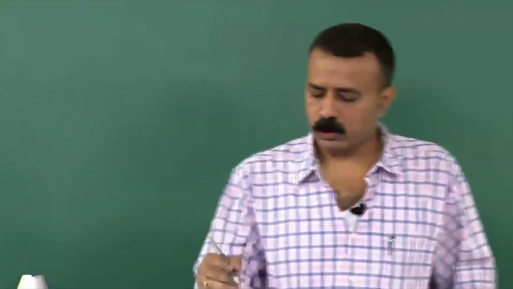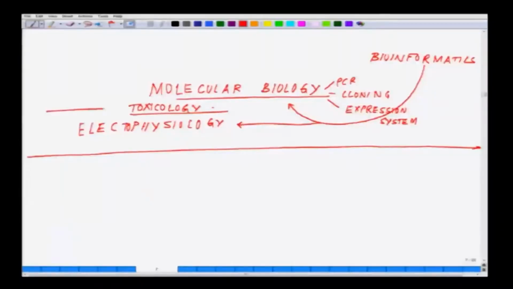Toxicology, which is a fairly old science, was moving with electrophysiology, then you have molecular biology, then bioinformatics coming into play. Simultaneously, there is another technique on the structural side. This is all about the functional aspect of ion channels.